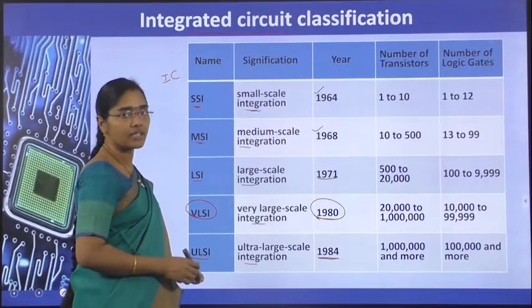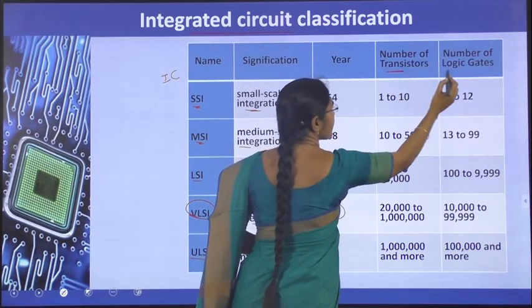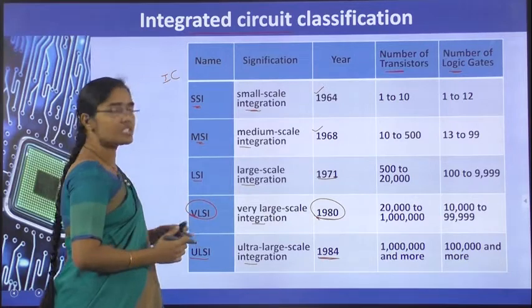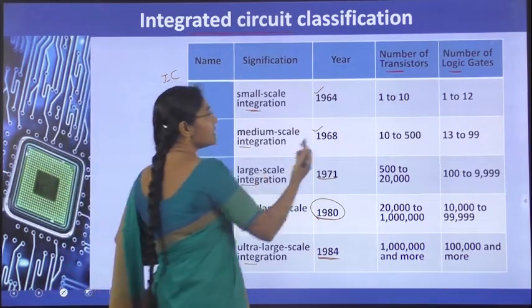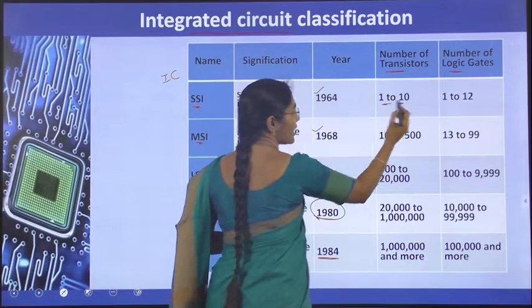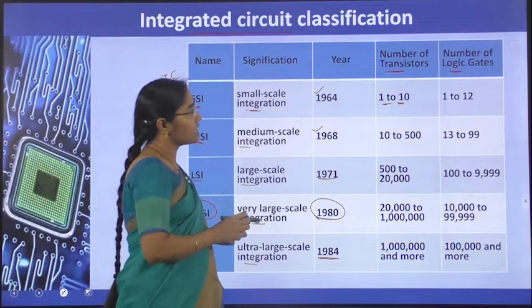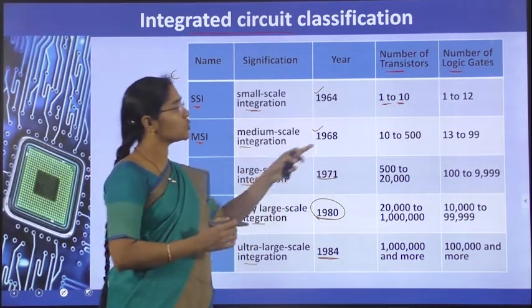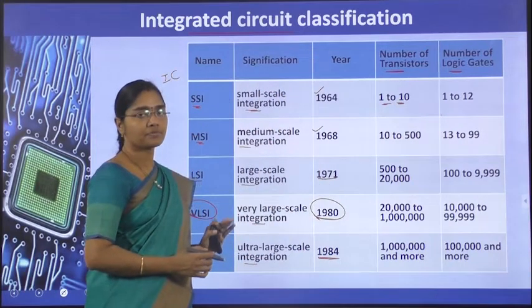The number of transistors or the number of logic gates can be defined for each and every integration level. For SSI, the number of transistors is a minimum of 1 to a maximum of 10, and 1 to 12 logic gates can be embedded on the SSI chip.